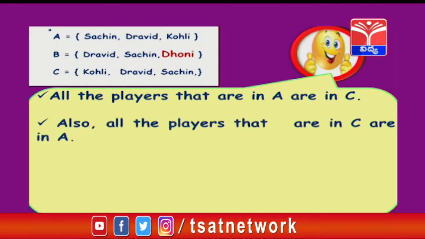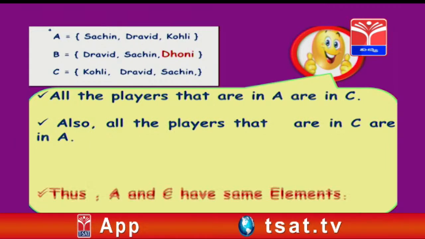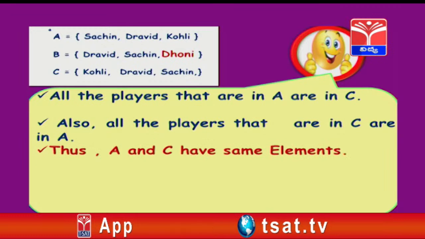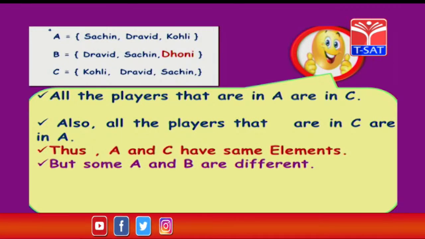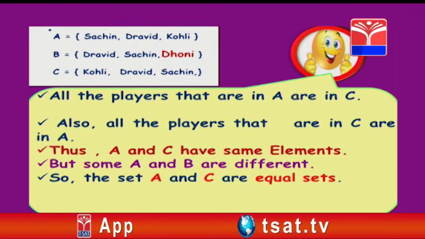Also, all the players that are in C are in A. Understand? Thus A and C have the same elements, but A and B are different. So the sets A and C are called equal sets.